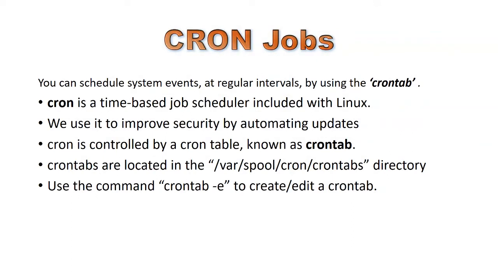Cron is controlled by things known as cron tables or crontabs. You'll hear that term thrown around a lot. It's located in the /var/spool/cron/crontabs directory. In order to schedule your own cron job, you're going to use the command crontab -e to create or edit a crontab, or cron table.